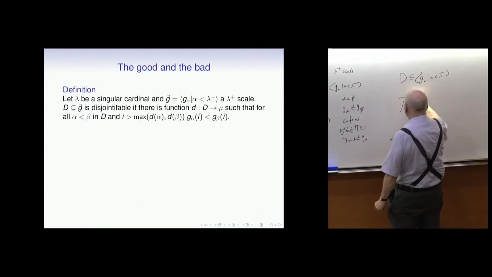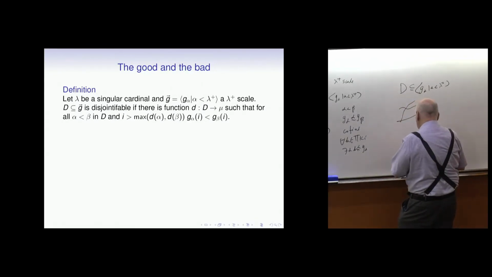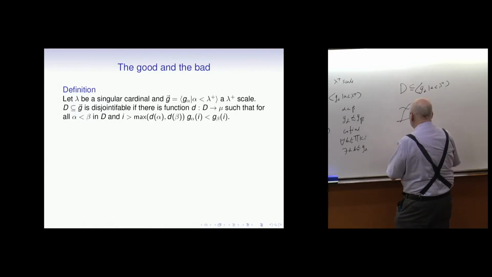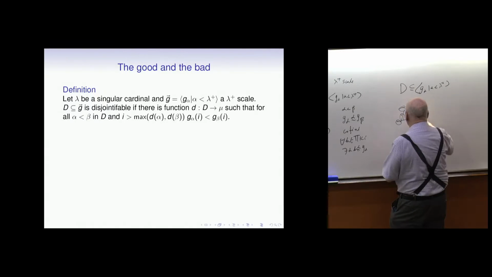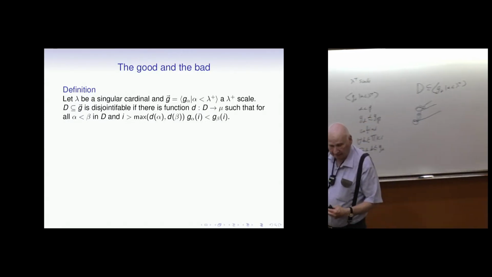you can find for each of these functions some initial segment, namely you cut off some initial segment of each function in D, so then what's left, these functions are strictly increasing.